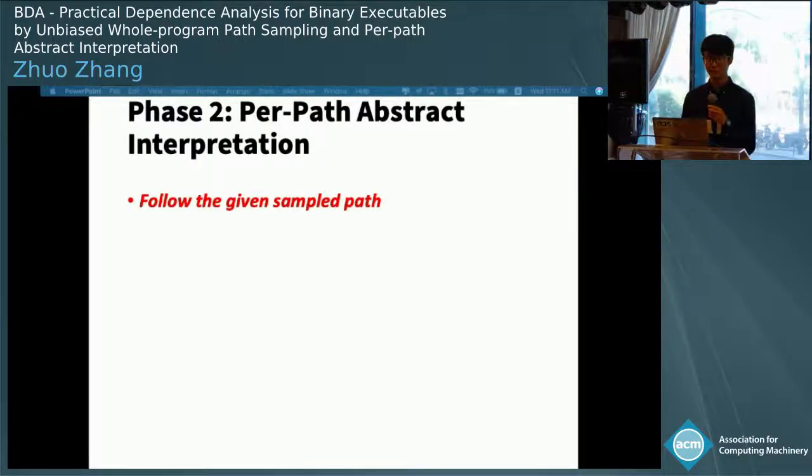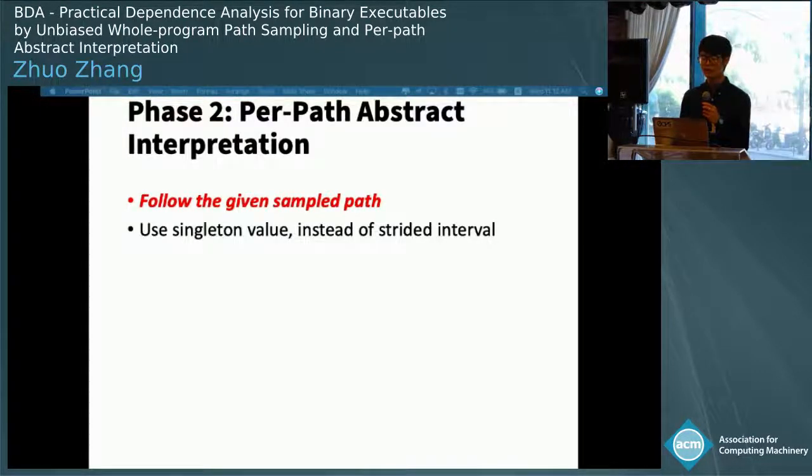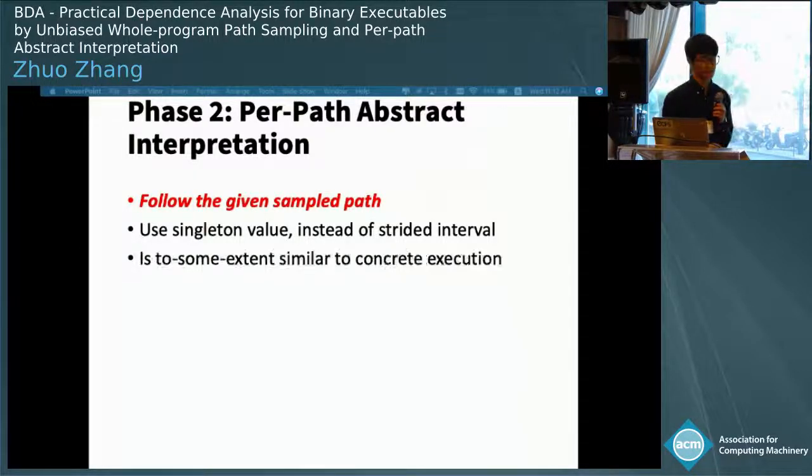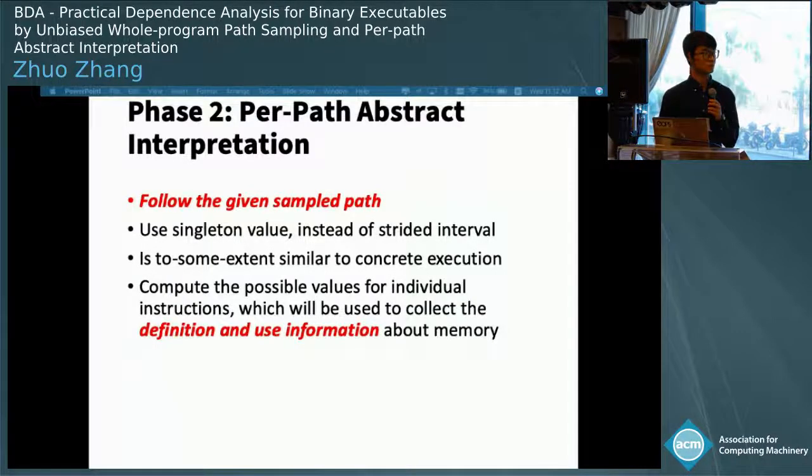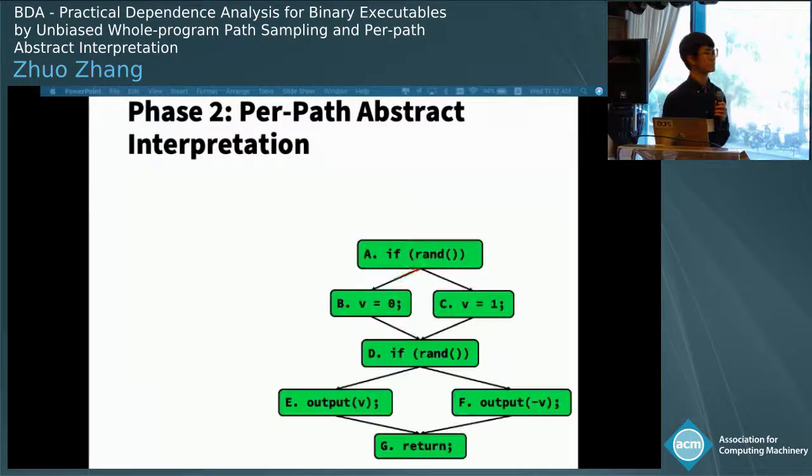After sampling, in phase 2, we perform per-path abstract interpretation over the sampled path. The abstract value is a singleton value instead of intervals, so that we can avoid the over-approximation problem in VSA. It is to some extent similar to concrete execution. The aim of phase 2 is to compute the possible values for individual instructions and connect definition information and use information about memory.